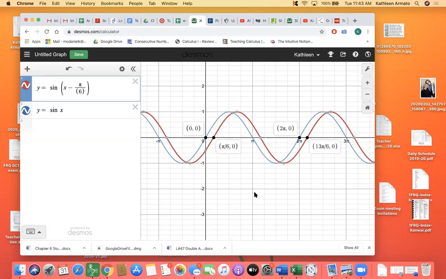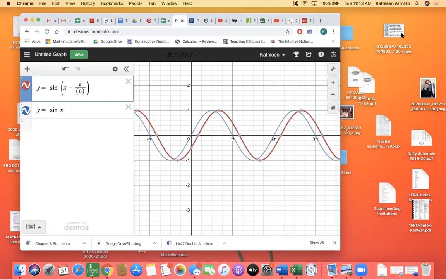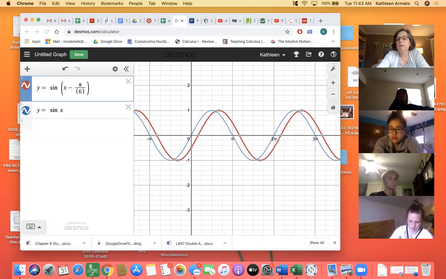So what does it look like is happening there? Graham, what would you say is happening to the graph?